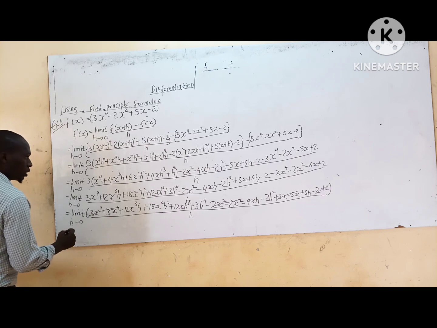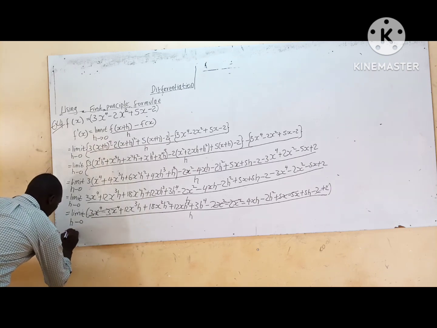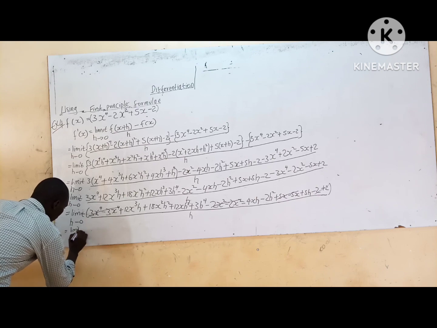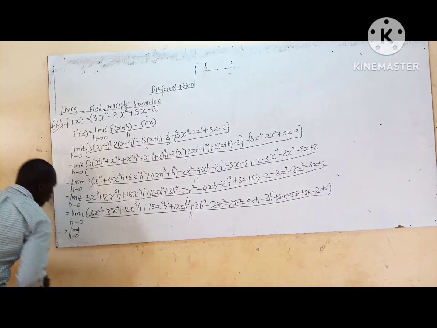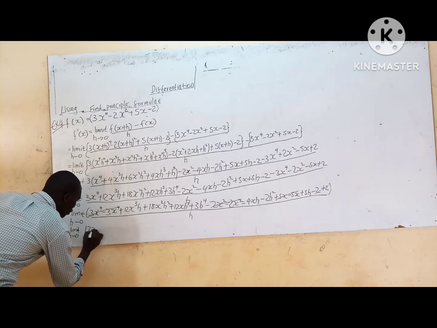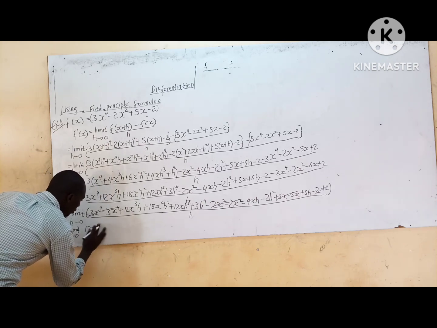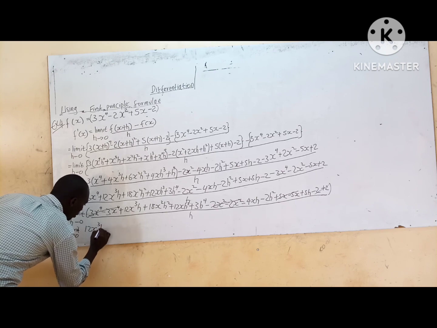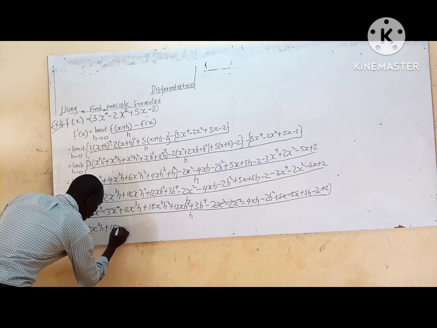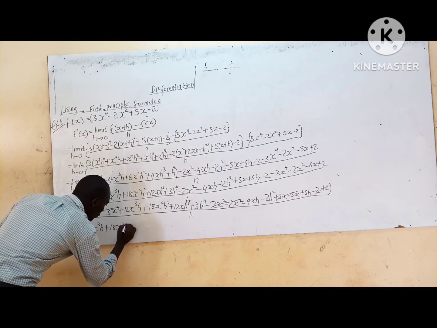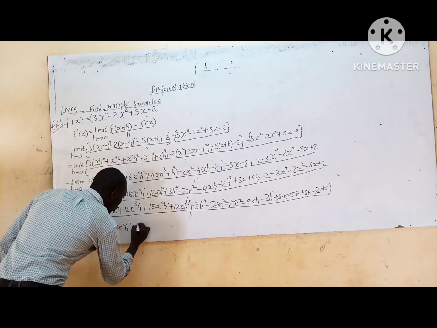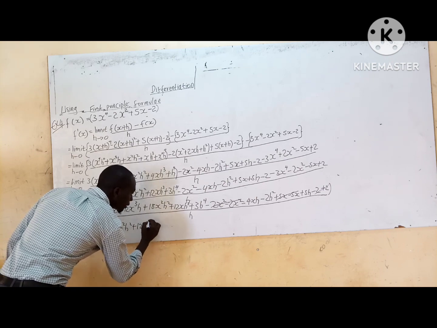And we are going to be left with limit h approaching 0, x cubed h, add 18x squared h squared, we add 12x, all over h.